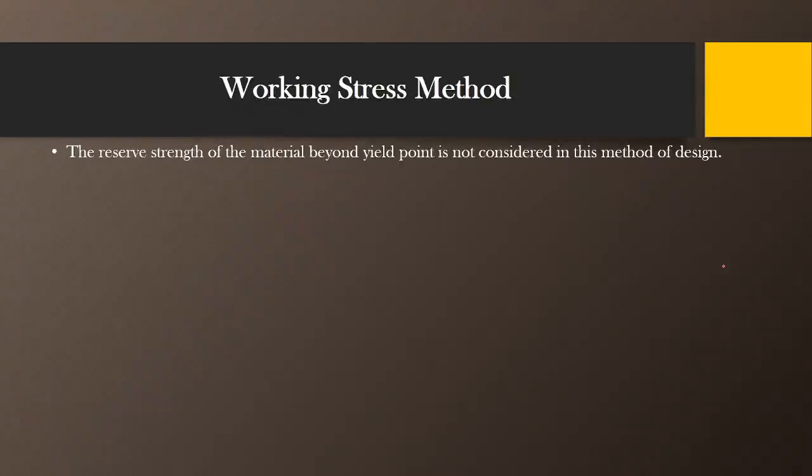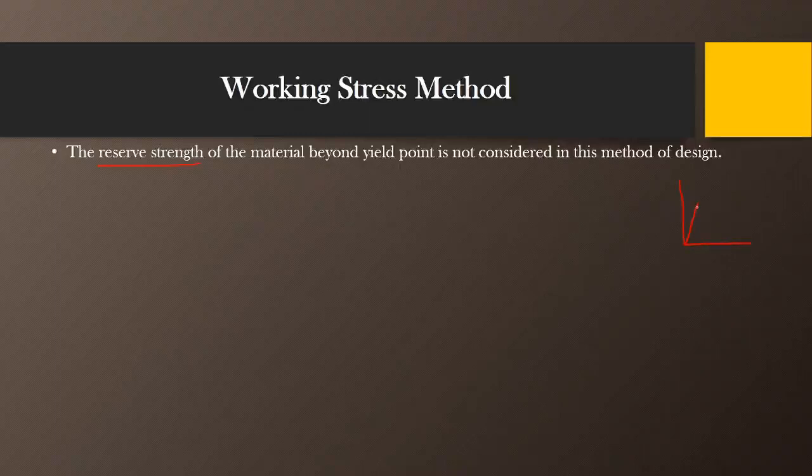Hence, the reserve strength of material beyond the yield point is not considered in this method of design. Why? Because the stress strain relationship considered in the working stress method is linear. So it assumes that after the yield point, the material is going to fail. That is assumed. That's why the reserve strength is not considered in the working stress method.